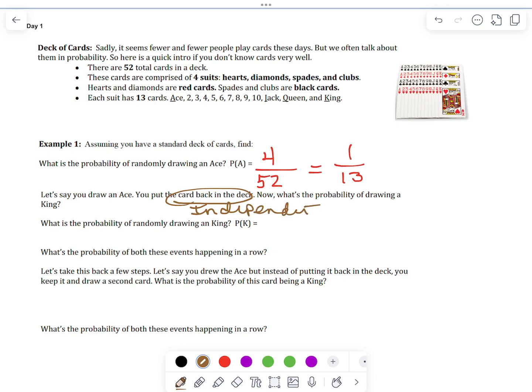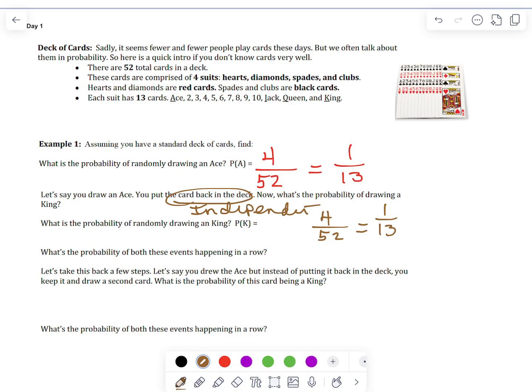So what is the probability of selecting a king? So a king, there are 4 kings in a deck out of 52. Again, reduce it, 1 out of 13. Now it says, what's the probability of both of these events occurring in a row?